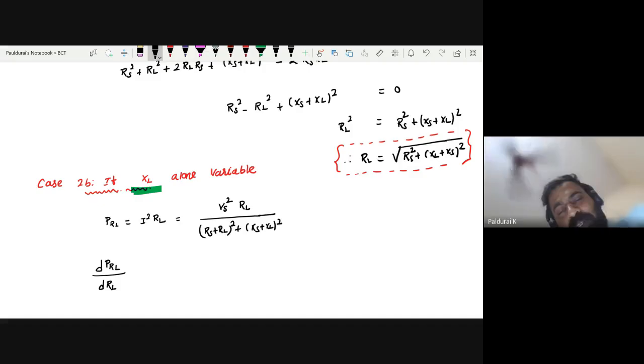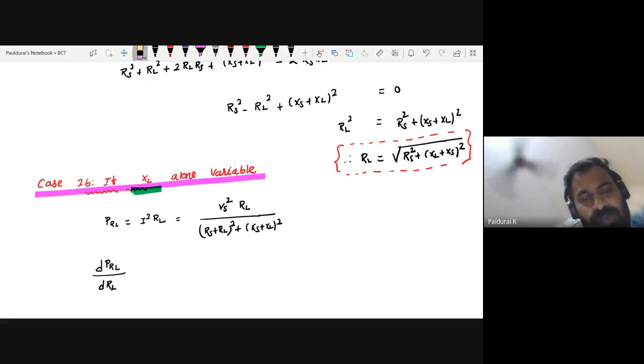This time with respect to RL or XL? Any guess? Here confusion comes, so you want to be clear. This time actually, who is variable? XL, not RL. Clearly I have given the heading, Case 2b, if XL alone is variable, so this time you want to differentiate with respect to XL.